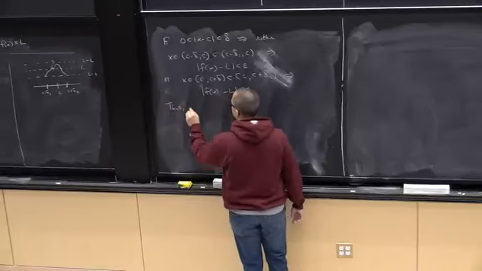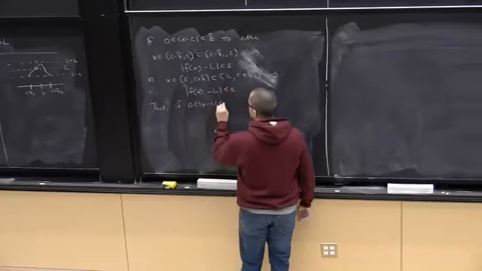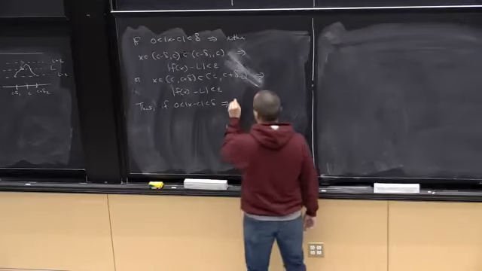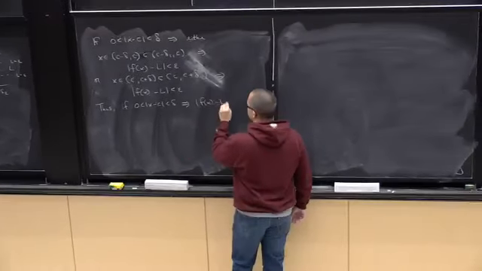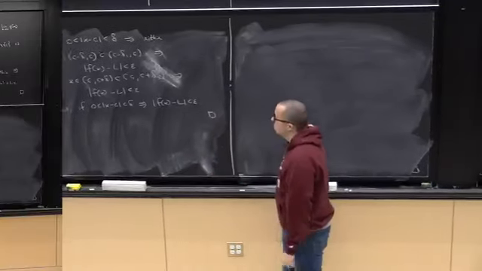Thus, we've shown that if x minus C is less than delta, then f of x minus L is less than epsilon. That's the end of the proof.